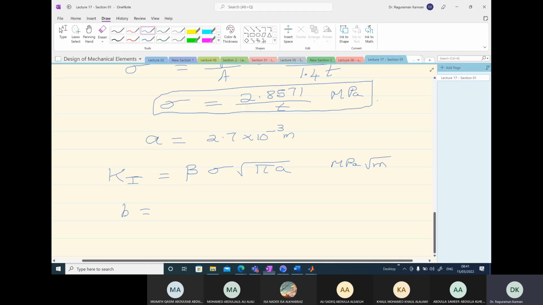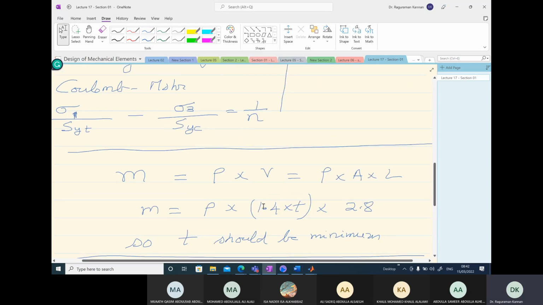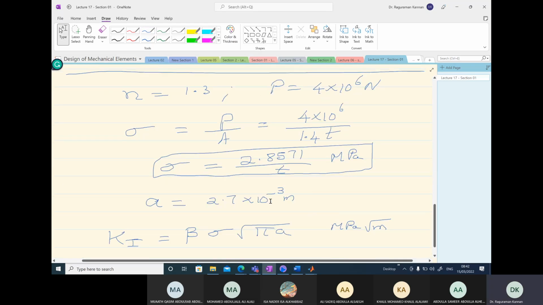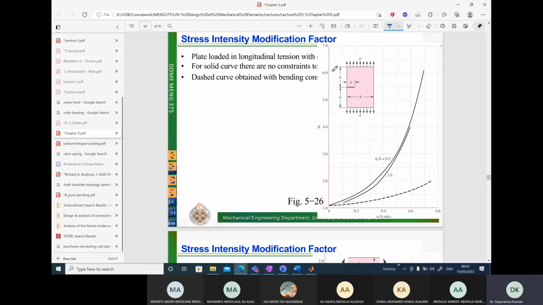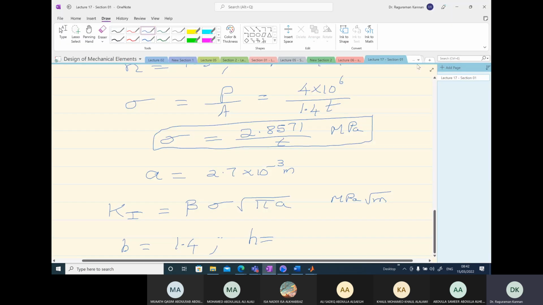We have seen from the problem already. This is the value 1.4 given in the problem. Okay, and then the H value is also going to be 1.4, because 2 times H is 2.8, and 2.8 over 2 is equal to 1.4 meters. That's the H value.